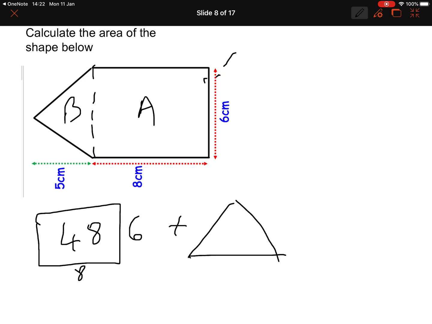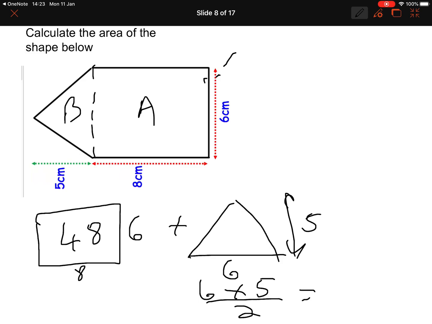Now, if you look at this red line that says that this side is 6 centimeters, then the opposite side would be exactly the same. Okay, so this is going to be 6 centimeters. And the height, as you can see by the green line, is 5 centimeters. So the area is 6 times 5.